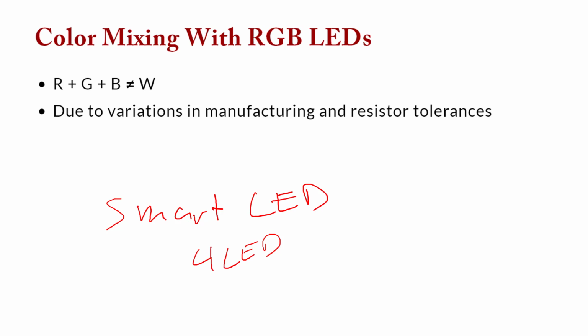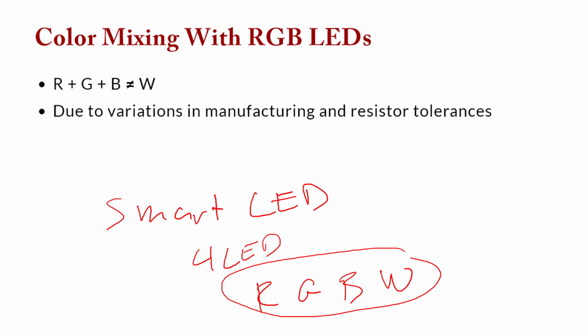They'll have a red, a green, a blue, and a specific white bulb. They blend these four colors to make what we think of as purple, green, orange, but then they also use the white bulb to get more of a white or a warm yellow color.